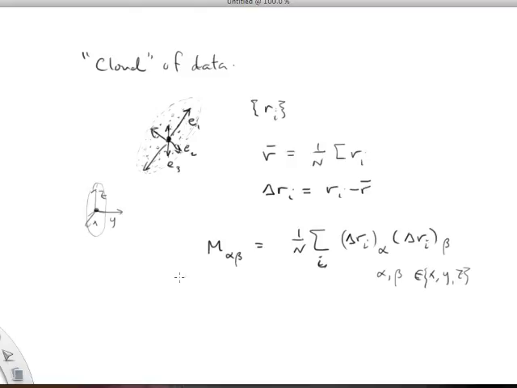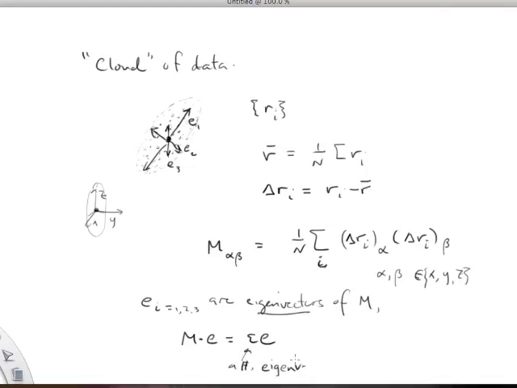Well, the answer to that is that these E sub i, let's call them, where i is now 1, 2, or 3, are the eigenvectors of M. In other words, M dot E is some epsilon E, where epsilon is a number, namely the corresponding eigenvalue.